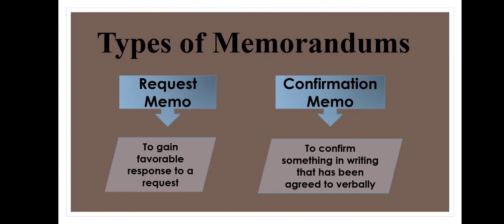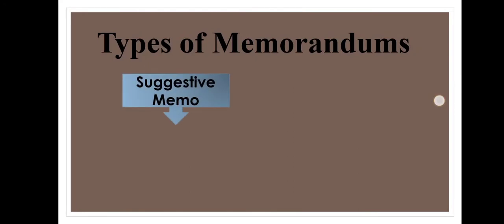So if two partners have agreed on some project, then they need to have their verdict written down, so that every employee is aware that things have been done in a perfect manner. So a confirmation memo gives you a written record of the things that you have agreed on verbally.